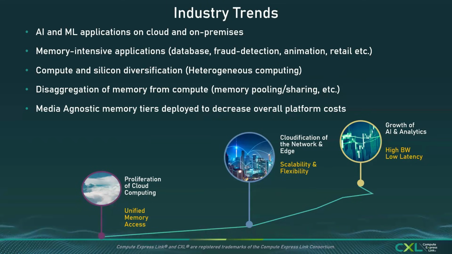When we look at the industry landscape today, we see some clear mega trends emerge. Cloud computing has become ubiquitous. Networking and edge computing is increasingly using the cloud infrastructure. Of course, AI is there everywhere. There is basically an insatiable demand for compute, memory, and I/O. Heterogeneous processing is mainstream, and we are deploying different types of compute to solve different types of problems.